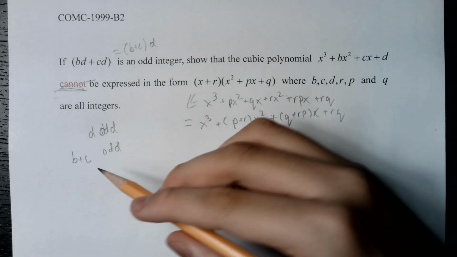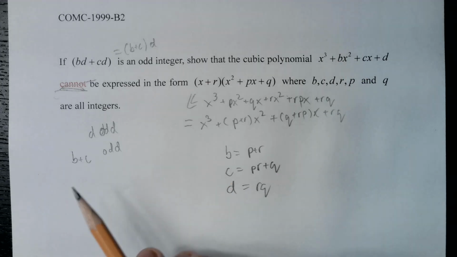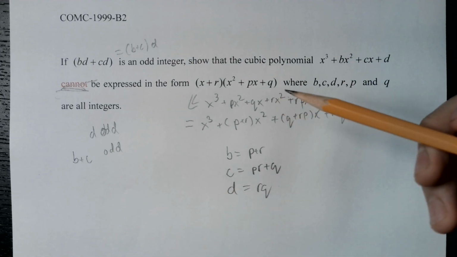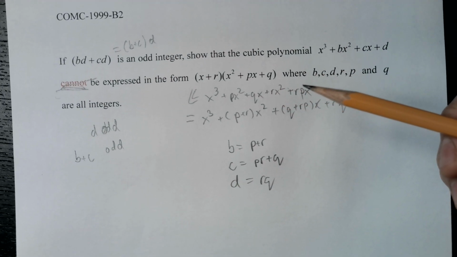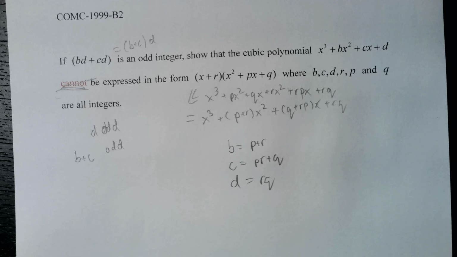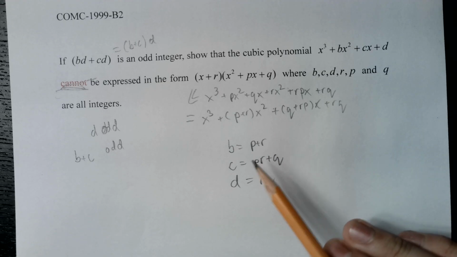So now let's relate it back to here. We can see that because d is odd, and I just talked about how if two numbers multiplied together give an odd result, the two numbers have to be odd. So r and q here have to be odd, right? So now let's look at b and c.